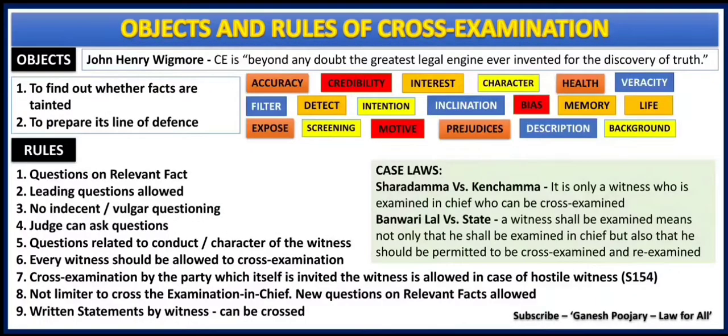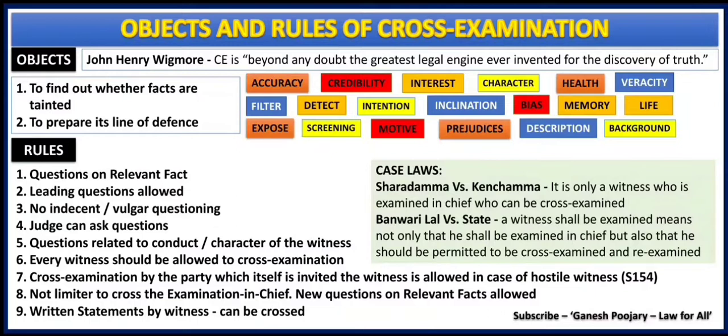Then comes cross-examination, and here I have discussed the objects and rules related to cross-examination. The first and foremost question is how important cross-examination is, and to understand this importance we need to refer to a statement made by John Henry Wigmore.